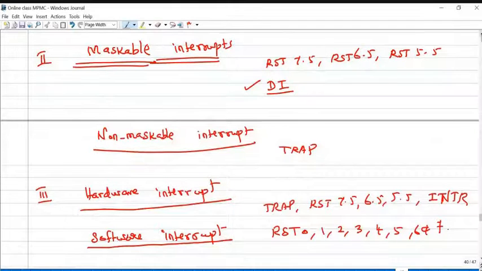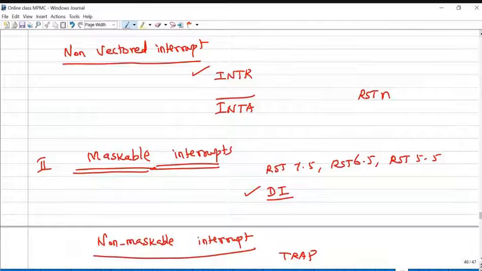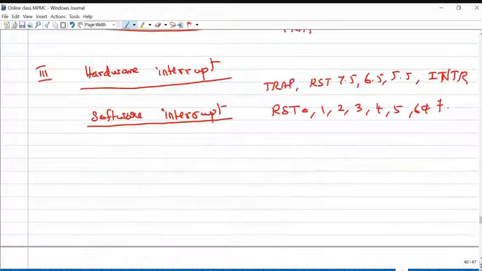Okay, so now the basics of the interrupt. First, what do you mean by interrupt? In the previous class we discussed: an interrupt is a signal generated by external devices, requesting the microprocessor to perform a certain task. I used the word interrupt service routine, that is ISR.